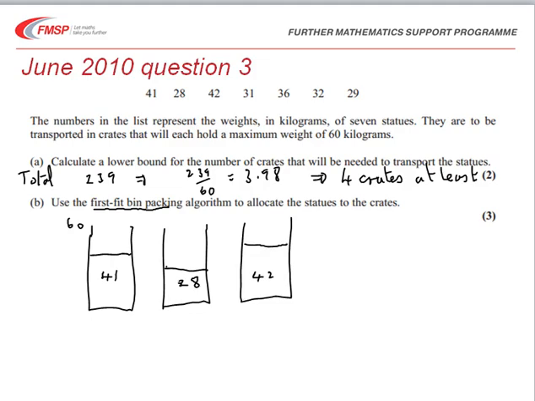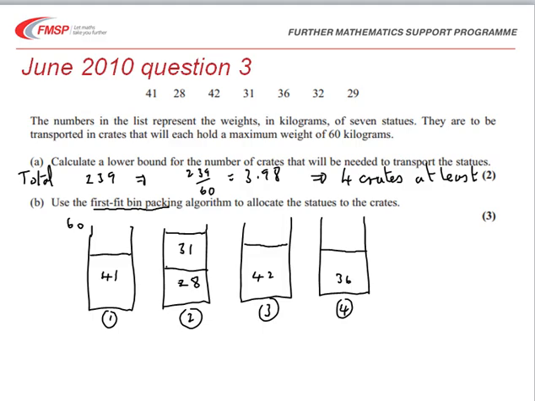Then the 31, well 31 won't fit into the first bin, so this is bin number 1, but it will actually go into bin number 2, giving us a total of 59, so just a gap at the top there of only 1. 36 won't fit into any of these first 3, so we need another bin for that. So 36 coming in just over halfway.